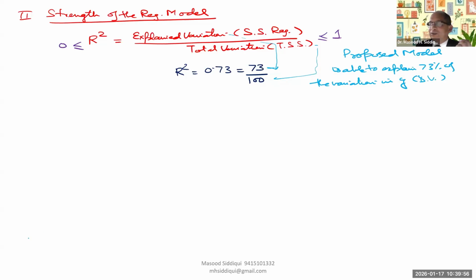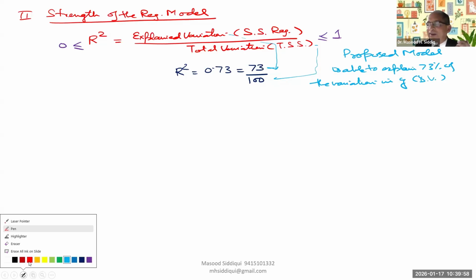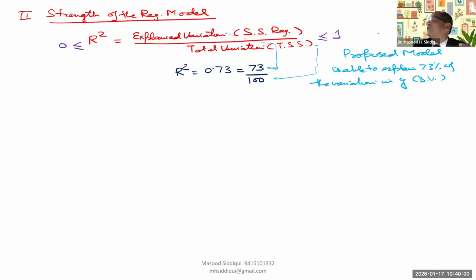So we can say that most of the variation is being explained by the model, so our model is substantially good. What concept do we develop? If the R square is near to 1, we say that our model is strong. Obviously, it is highly subjective in nature. I am not saying that above this value should be regarded as strong and below this value should not.